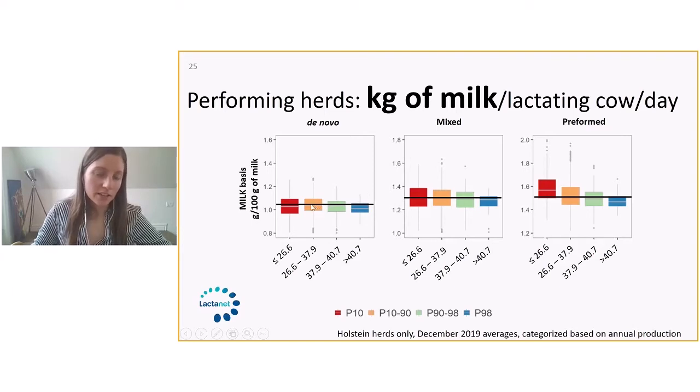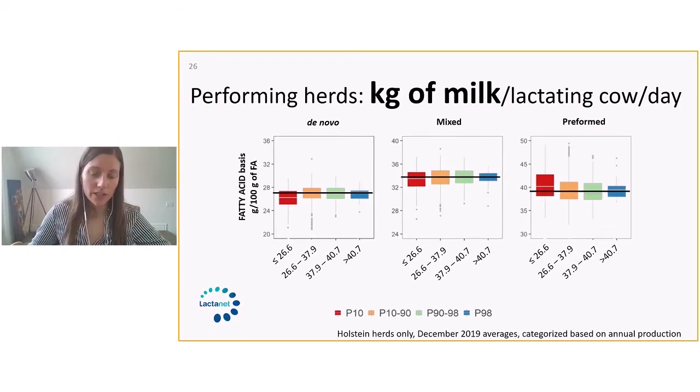So we think that for your production level in terms of kgs of milk per lactating cow, you can still refer to the provincial average for de novo, because as you see, the average is really close from one group to another. When we look at mixed and preformed, we come to pretty much the same conclusion. Again, you can use all of these benchmarks, and the level of performance does not really affect the profile.